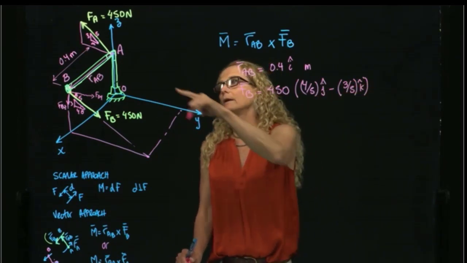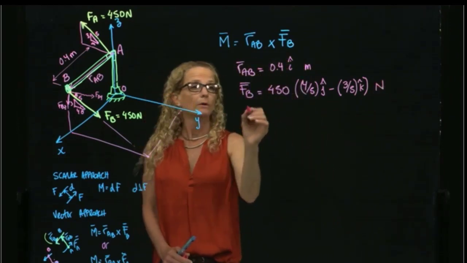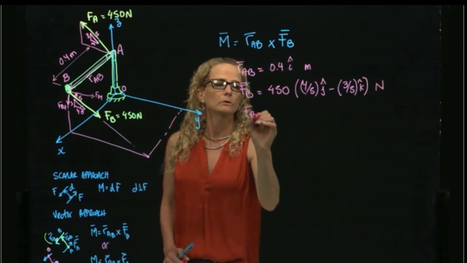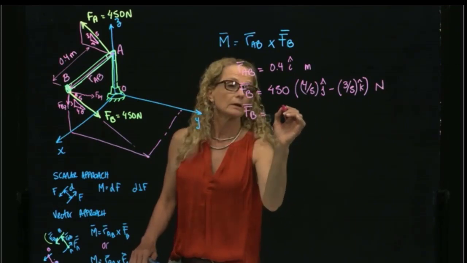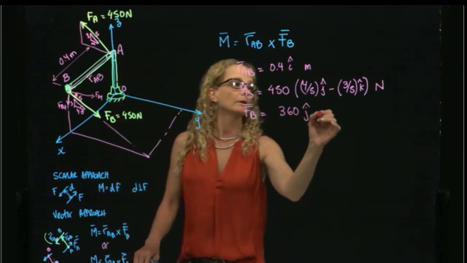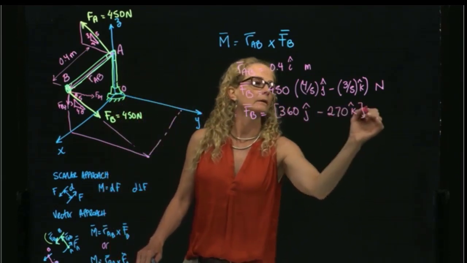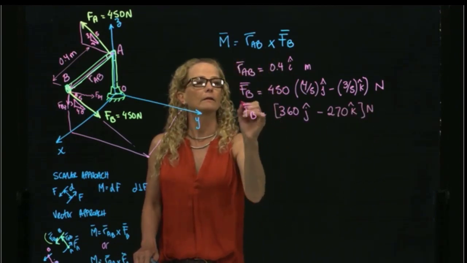And this will be in newtons. Therefore, if I do this multiplication, I get 360 in J, and in K I have negative 270. All that in newtons. And this, as I say, is a vector.